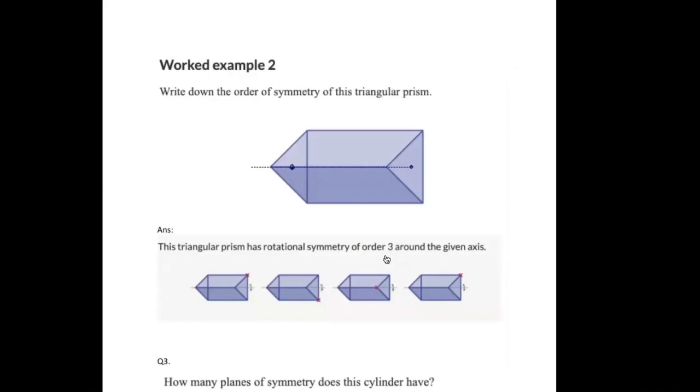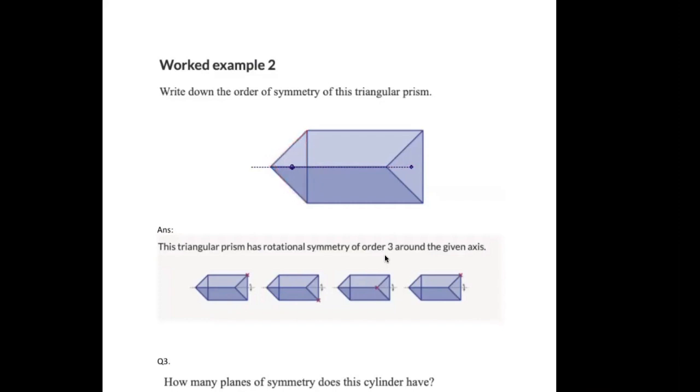Okay, let's try this one. Write down the order of symmetry of the triangular prism about this axis. Consider this to be an equilateral triangle.